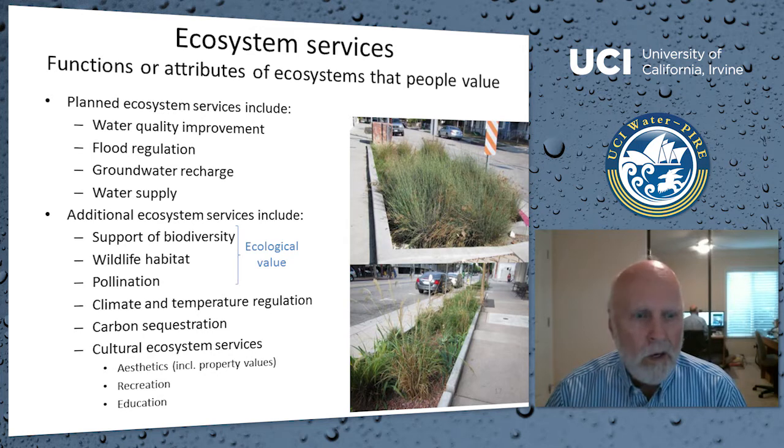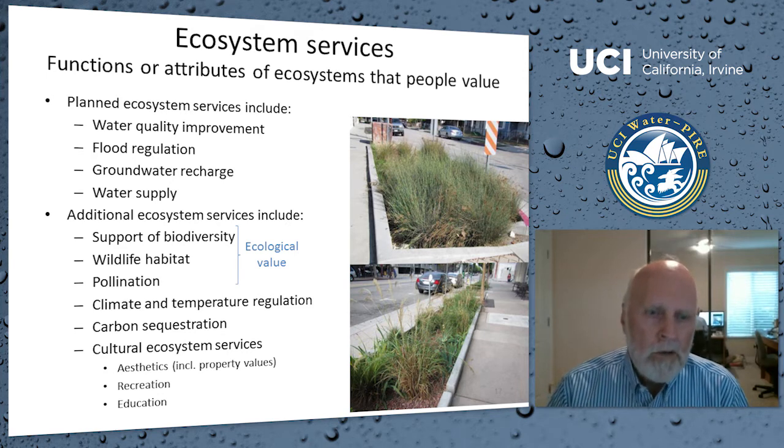So we are trying to regulate runoff, and so we're trying to reduce flooding and to increase water quality improvement, to recharge groundwater, or perhaps to increase our water supply. So these are all designed in, specifically planned for the biofilters.